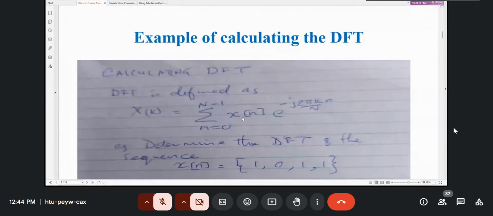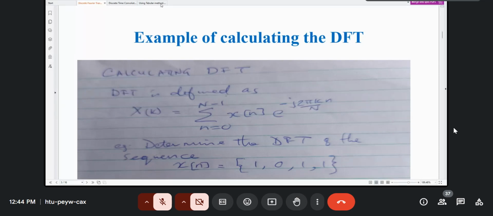By definition, X of k is equal to the sum from n equals 0 to N minus 1, so you're only dealing with N samples, of x of n e to the minus j 2 pi k n over capital N. You can see all you're doing is replacing in the DTFT.